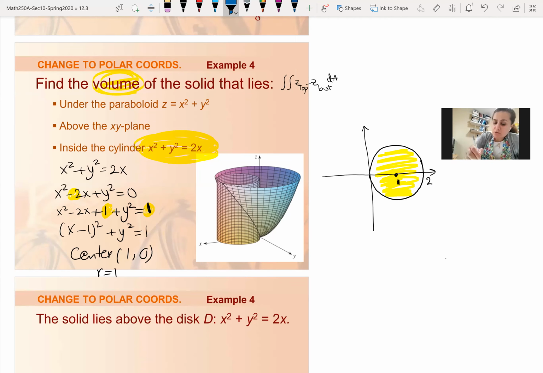It is supposed to be under the parabola, so it's really starting from here and under. And then it has to be above the XY plane, so it's starting from here and going above. And it has to be inside the cylinder. So that's really what we are looking for. So this is the area of this piece.